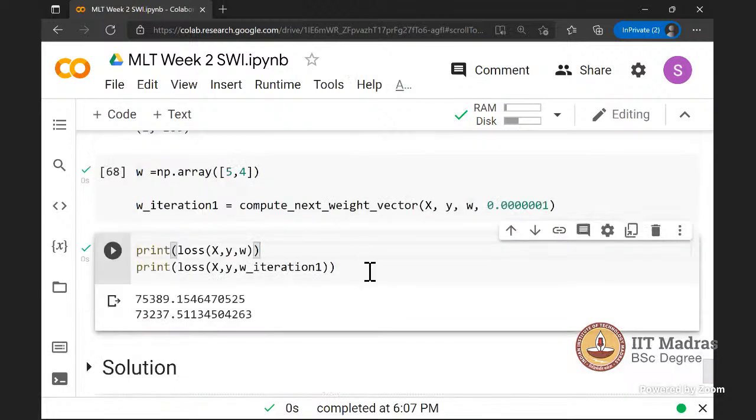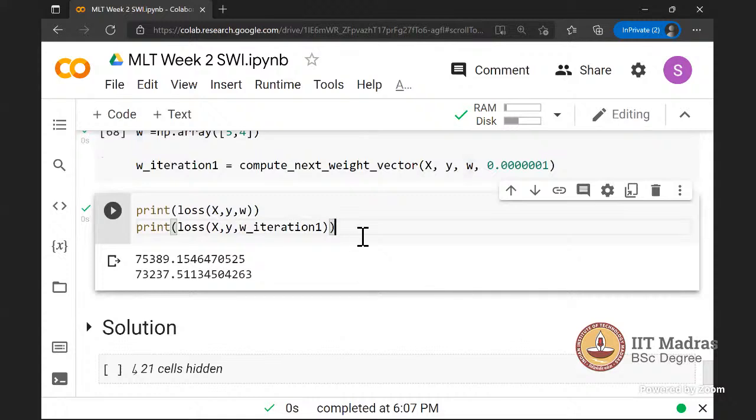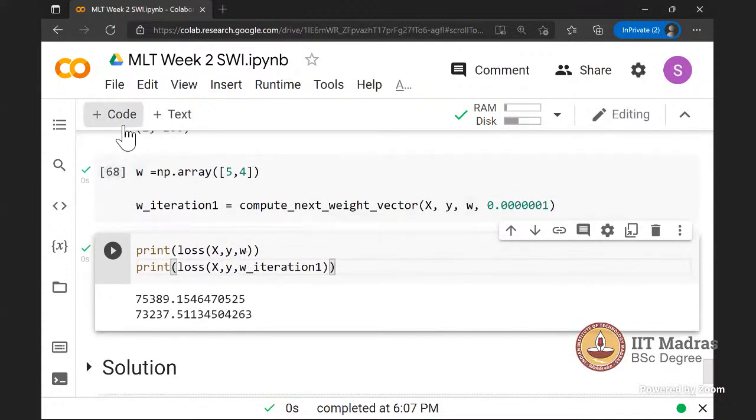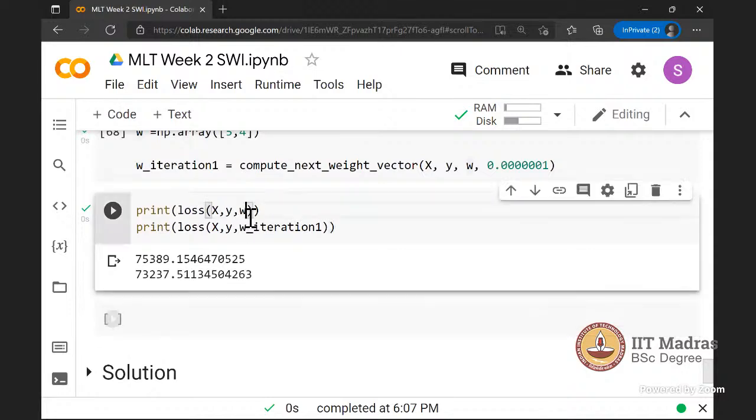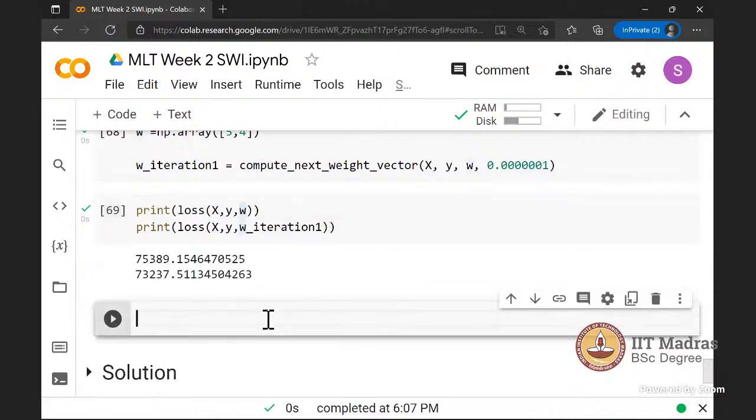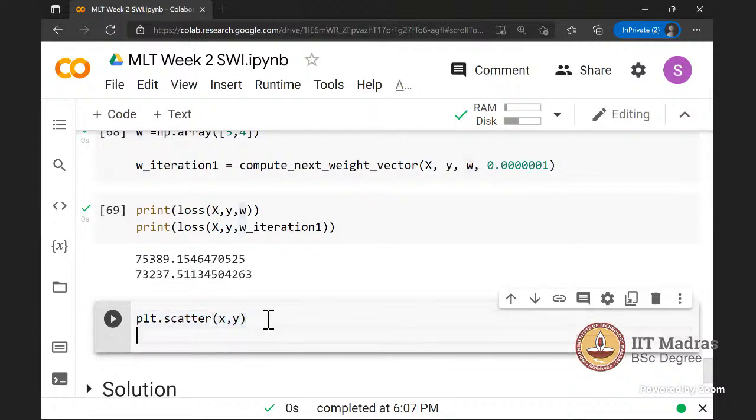All right. Before we close the session, let's do a couple of things. One thing is, let's visualize these two models that we have got, the W and W iteration 1. We have that plot function as well, right?